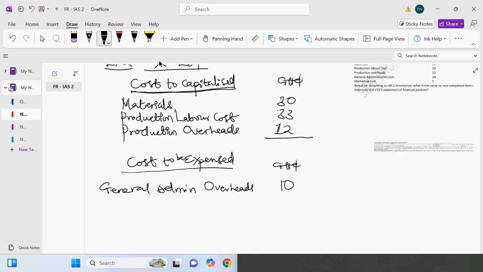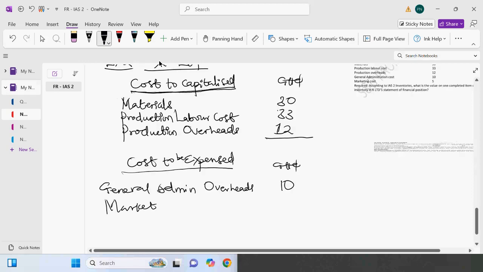Yeah, 10. And then marketing cost would also be expense. That's 5. So this is giving us 15. What is this giving us? 75.